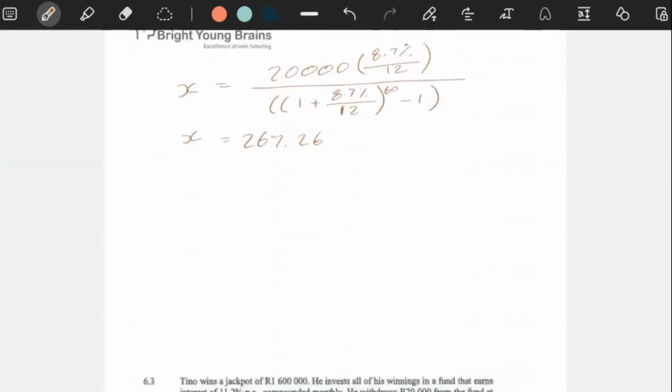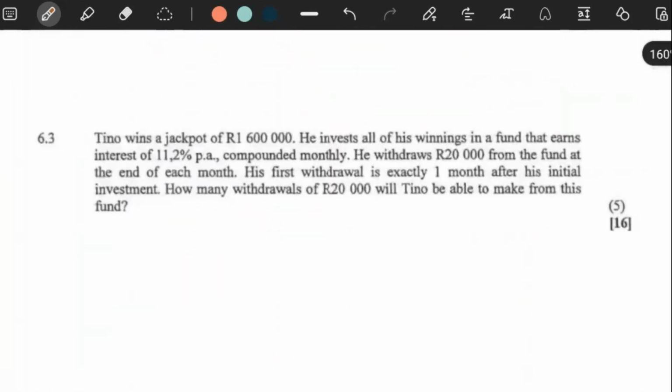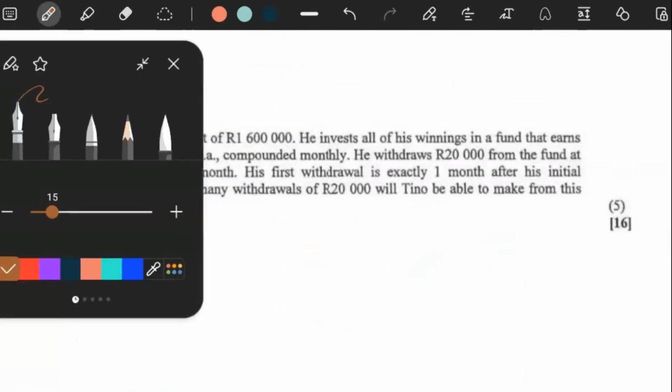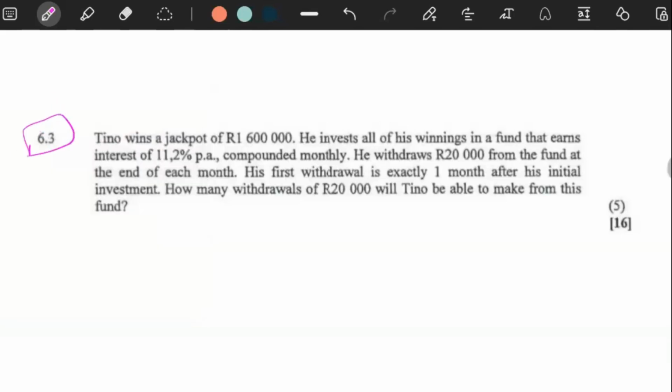Let's move on. 6.3 is a very, very interesting question, but it is also very straightforward because questions like these are very common. All you need to know is how to go about it, because the way to answer questions like these is the same all the time. It says here, Tino wins a jackpot of 1,600,000.